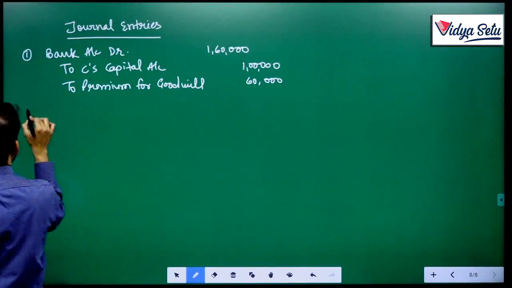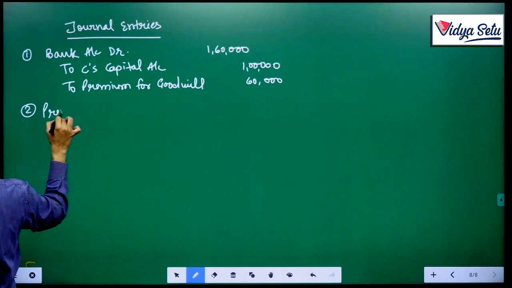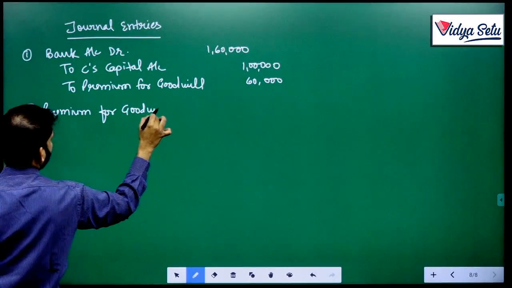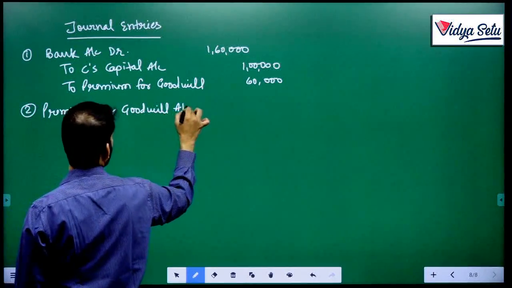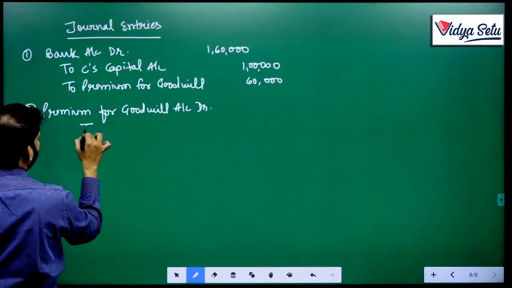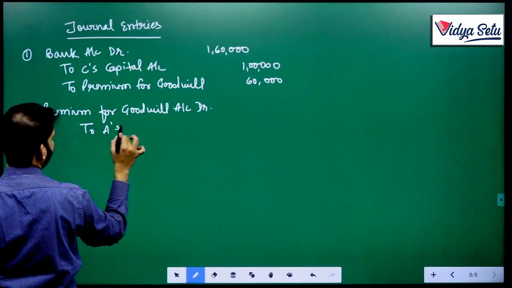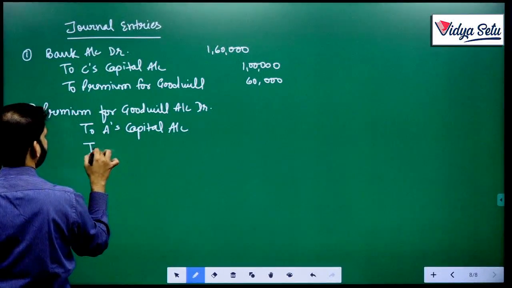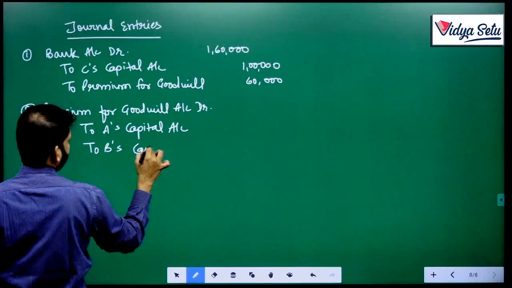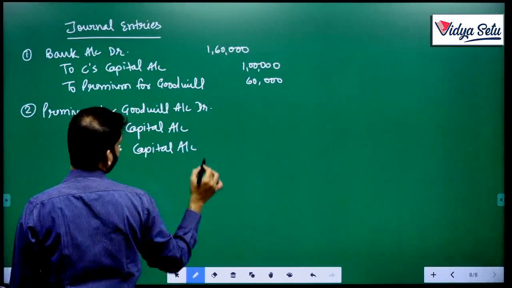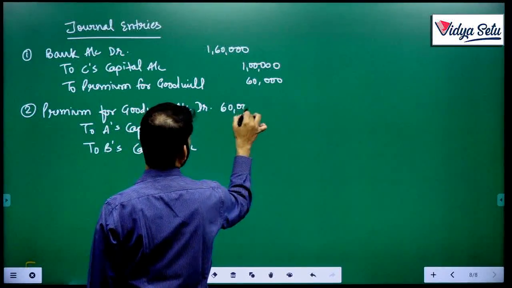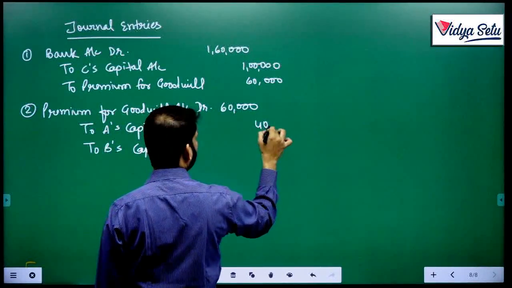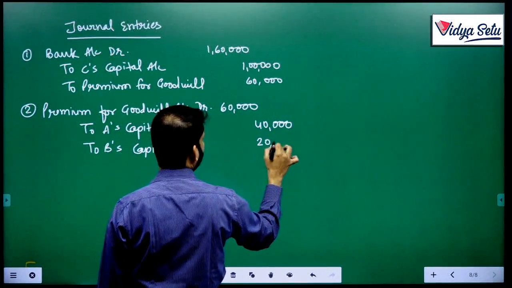This premium for goodwill was distributed amongst A and B. This 60,000 was distributed in the sacrificing ratio, which was the old ratio, which came to 40 and 20.